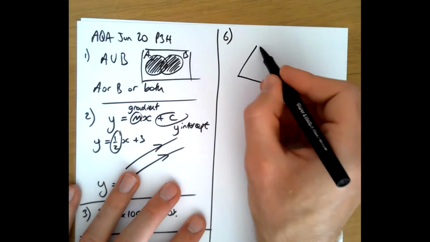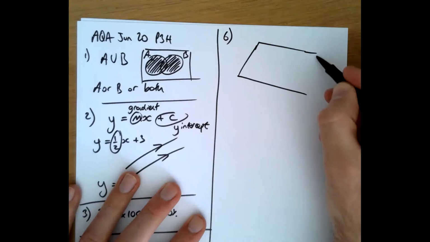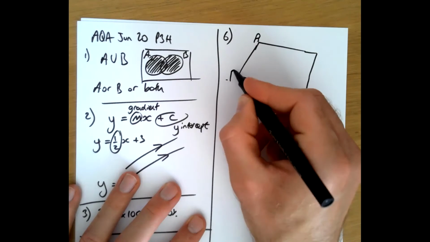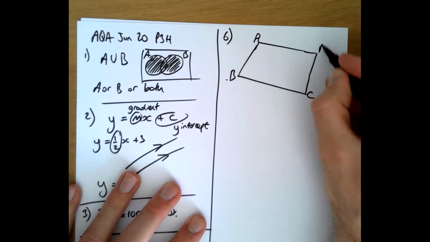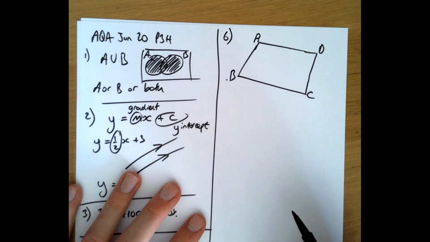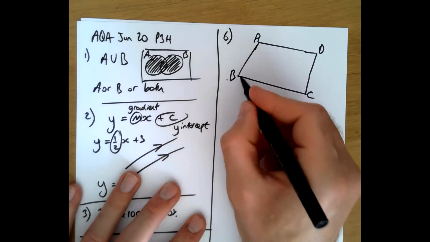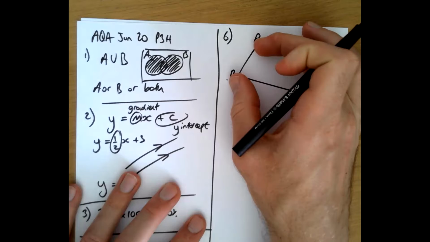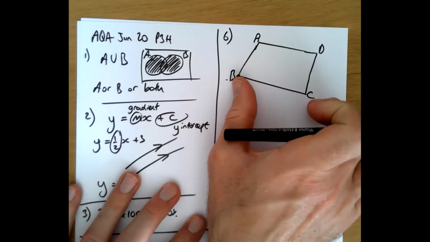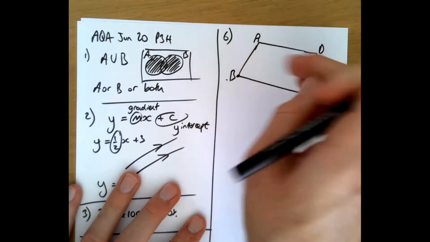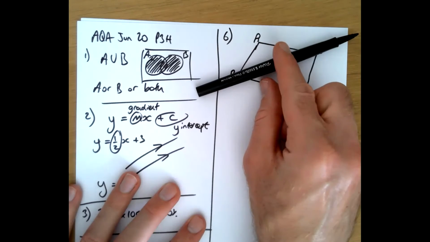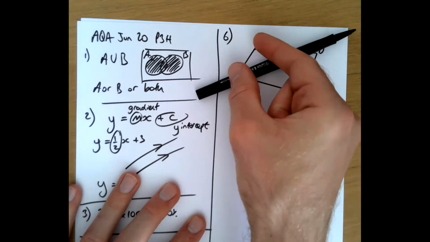So we've got A, then we've got B, then we've got C, then we've got D. It says there's a path across the field that starts at B, and is the same distance from BA as it is from BC. So what we need to do is in effect split this in half so that the path goes between, so it's the same distance from BA as it is from BC.